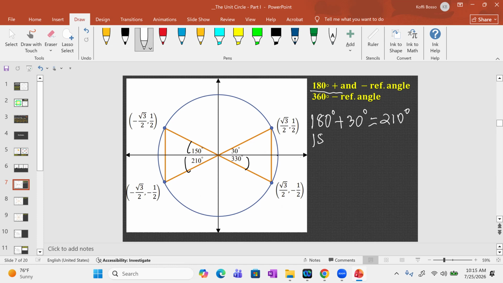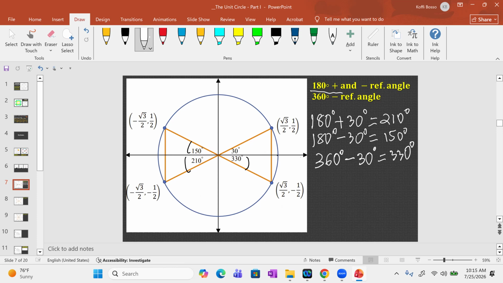Or I do 180 degrees minus 30 degrees, you have 150. Or I take the full circle, 360 degrees, minus, again, 30 degrees, you have the 330 degrees.